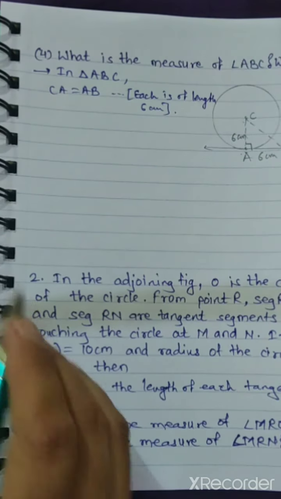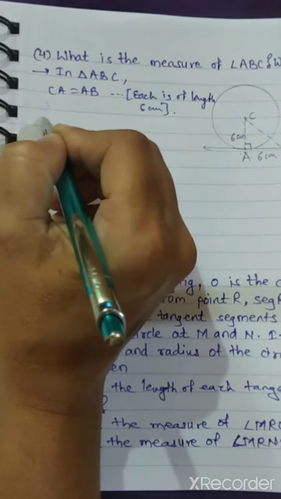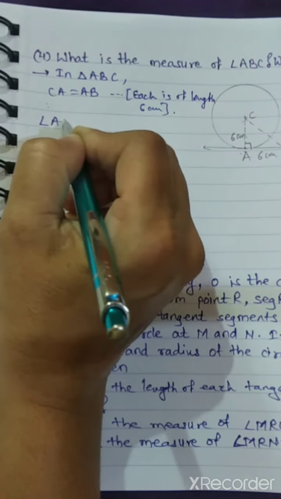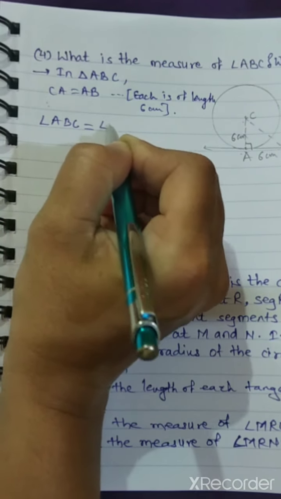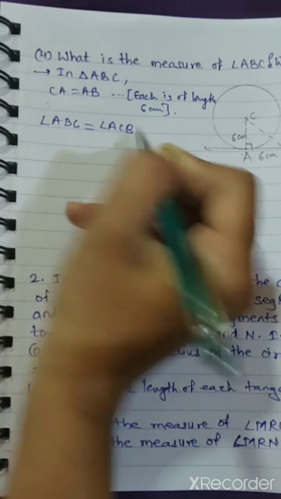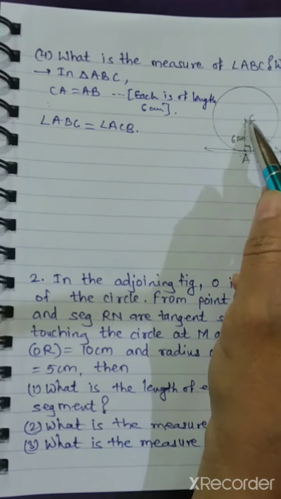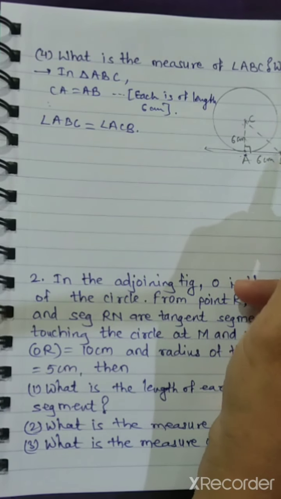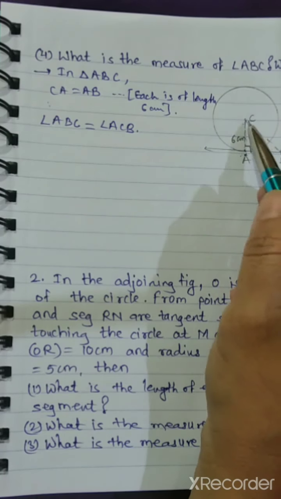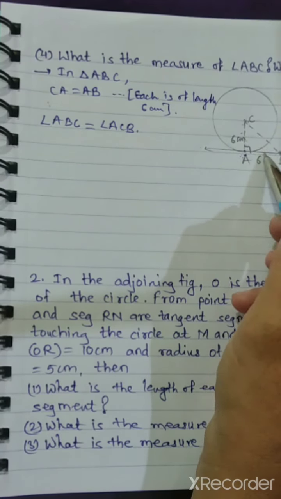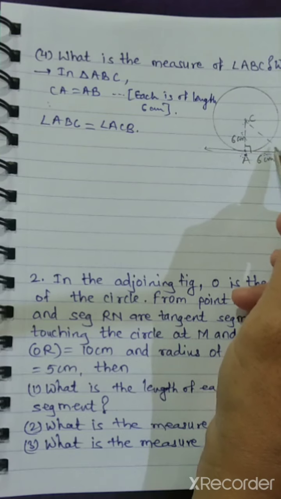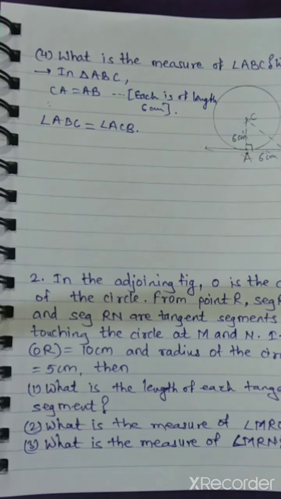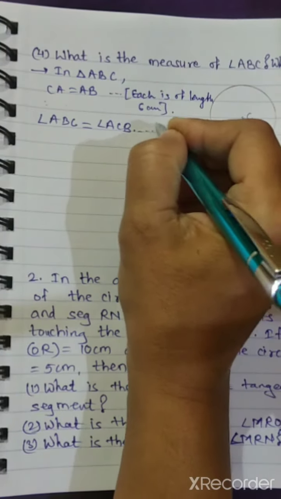Now angle ABC is equal to angle ACB. See here, AC is equal to AB. If in a triangle two sides are of equal length, then angles opposite to these two sides are also equal, because of the isosceles triangle theorem.